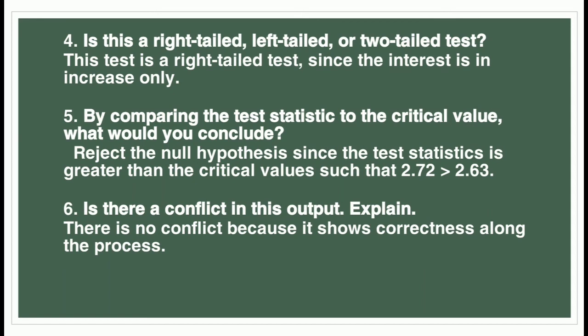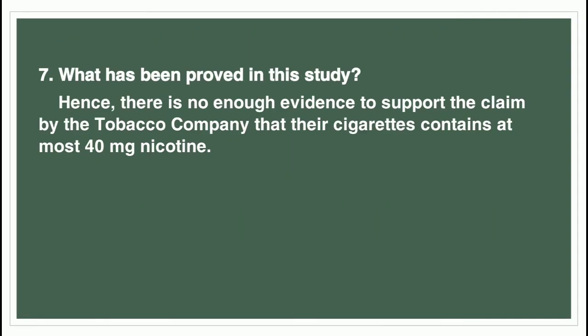Next question, is there a conflict in this output? Explain. There is no conflict because it shows correctness along the process. For the last question, what has been proved in this study? There is not enough evidence to support the claim by the tobacco company that their cigarettes contain at most 40 mg nicotine.